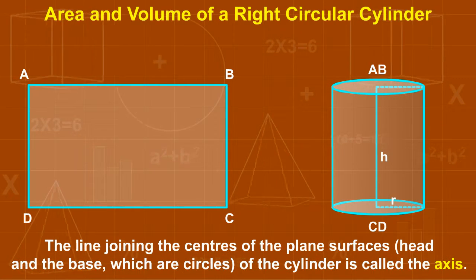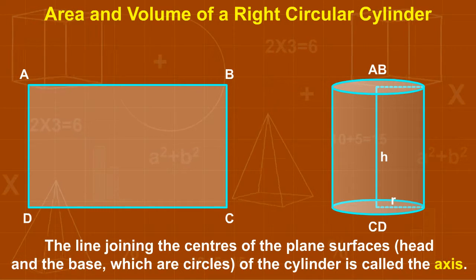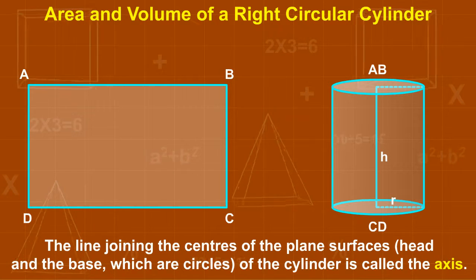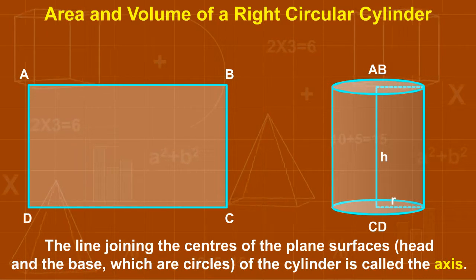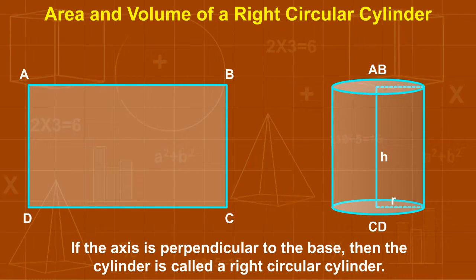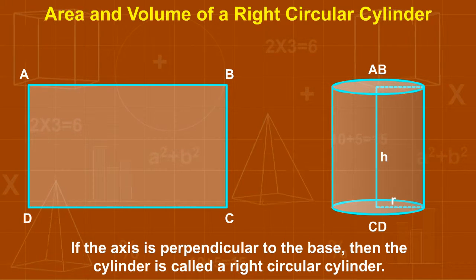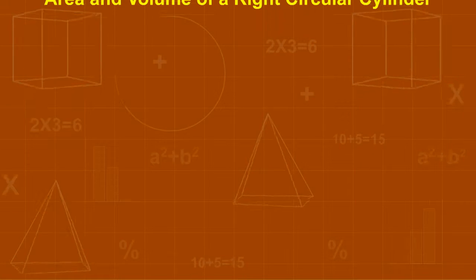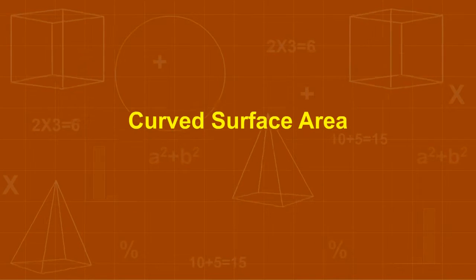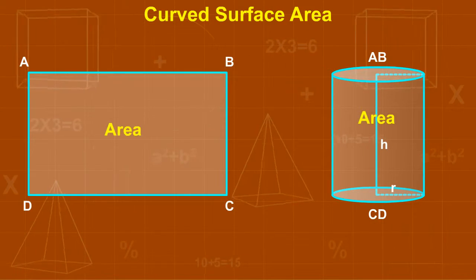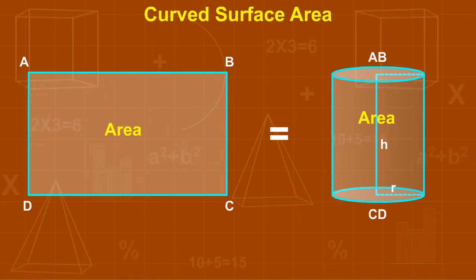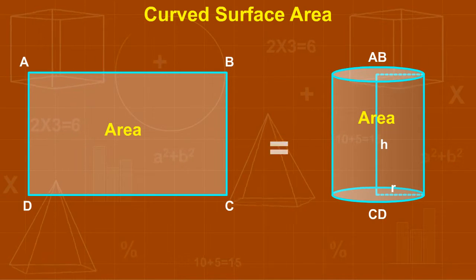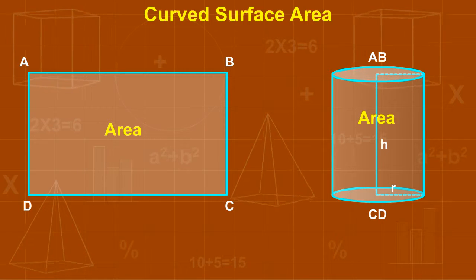The line joining the centers of the plane surfaces, head and the base, which are circles, of the cylinder is called the axis. If the axis is perpendicular to the base, then the cylinder is called a right circular cylinder. Curved surface area. The curved surface area of a cylinder is equal to the area of the rectangle from which the cylinder is formed.